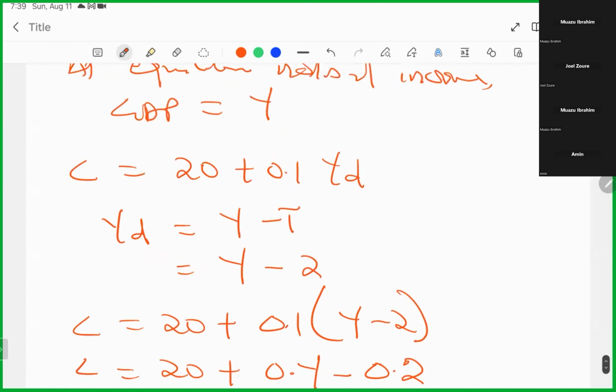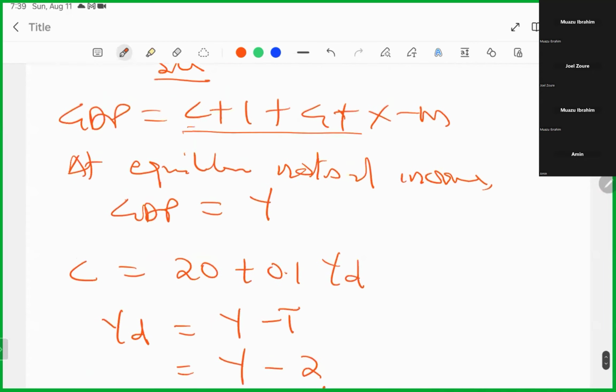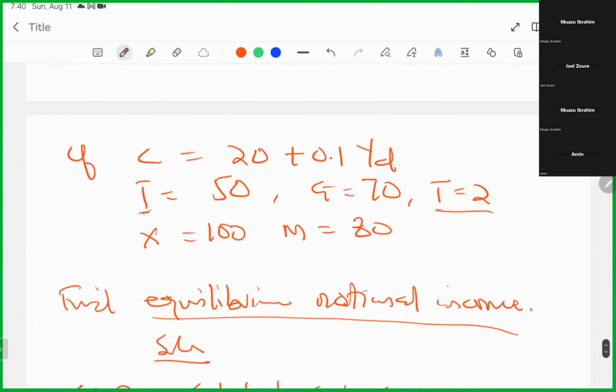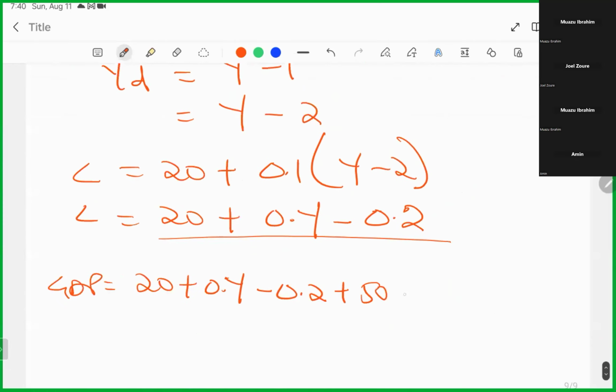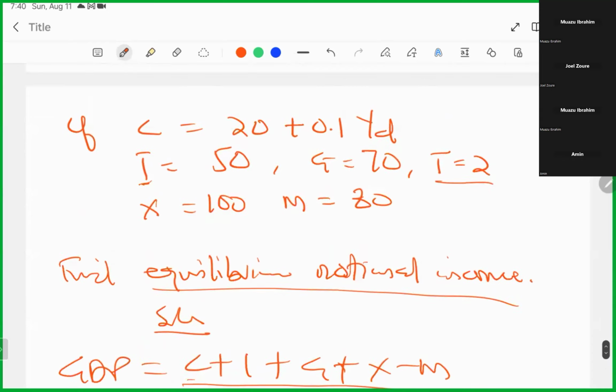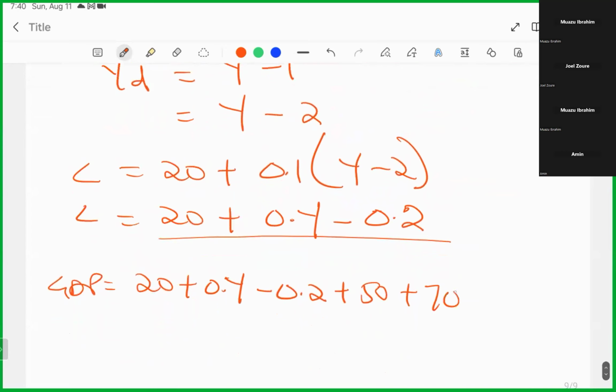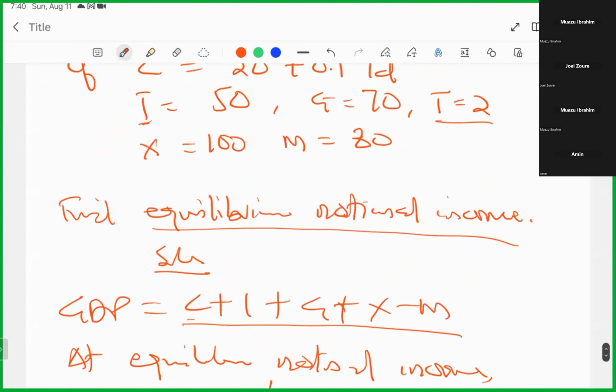And remember, our GDP is this one. So we will now have GDP equal to 20 plus 0.1Y minus 0.2, this is the consumption, plus investment, which is 50, plus government expenditure, which is given as 70, plus export minus import.